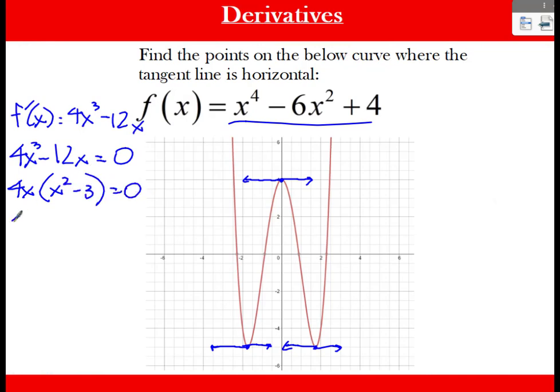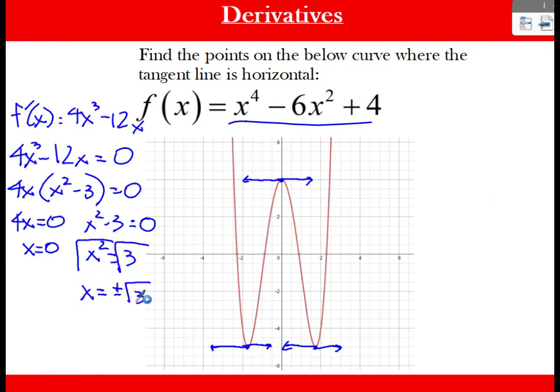Set each of these equal to 0. This one I get 0, and this I get x squared equals 3. I take the square root, so my answer is going to be plus or minus root 3. So my 3 x values where the derivative is equal to 0 are going to be 0, root 3, and negative root 3.